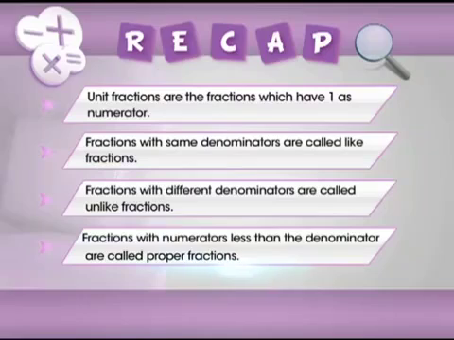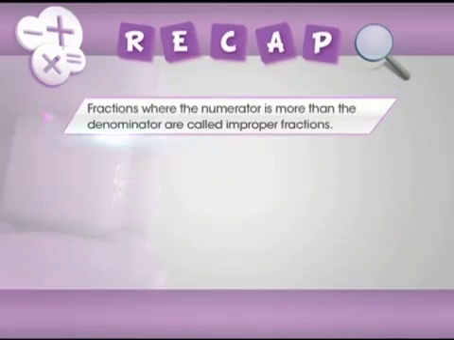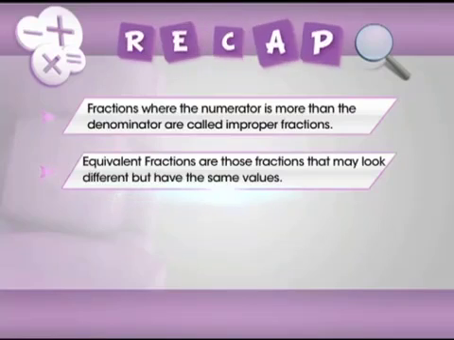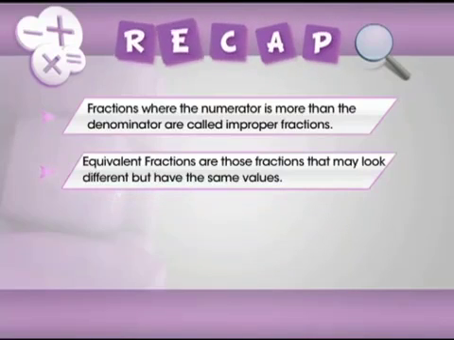Fractions with numerators less than the denominator are called proper fractions. Fractions where the numerator is more than denominator are called improper fractions. Equivalent fractions are those fractions that may look different but have the same values.